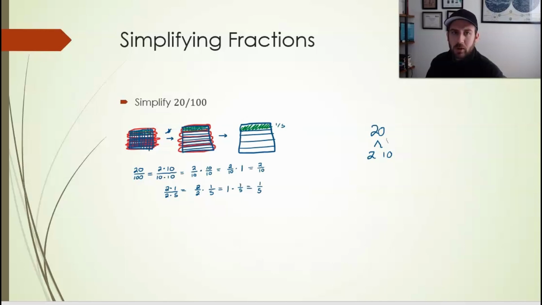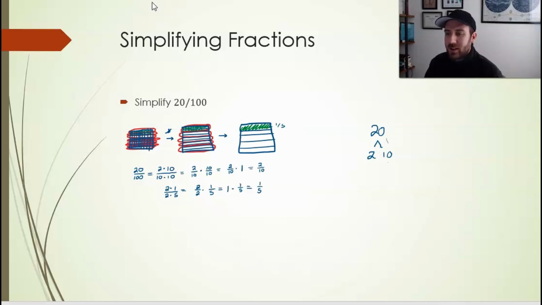What can we use to multiply to create 2? Well, the only whole numbers that we could use would be 2 and 1. And we already know that multiplying by 1 doesn't change its appearance, so that's not going to be helpful. So once we get to these numbers we call primes, these numbers that can't be divisible by anything except for themselves and 1, we'll just stop our factor tree.